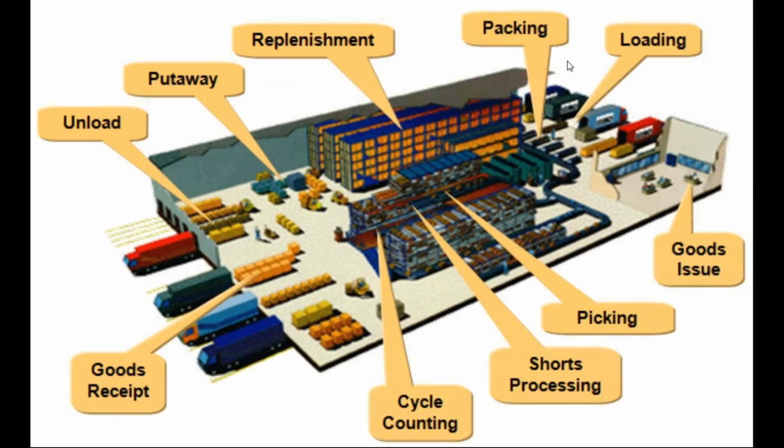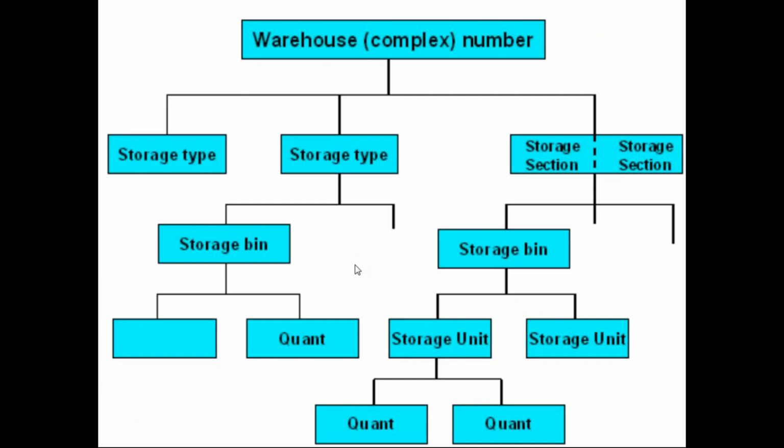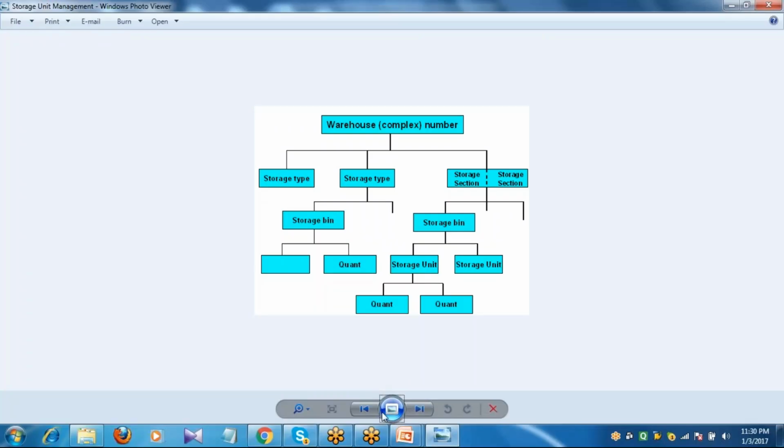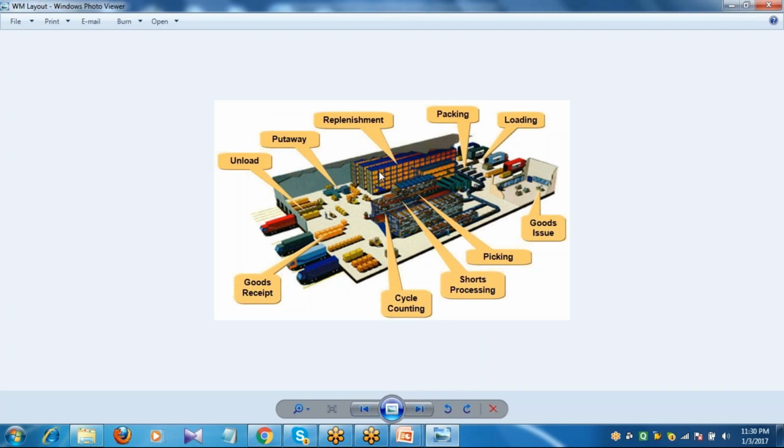So these are the activities that take place in the entire warehouse management model. Put away, unloading of the material, replenishment, packing, loading, goods issues, cycle counting, the physical inventory process, goods receipts. All these are different activities or tasks that take place in the warehouse management module.